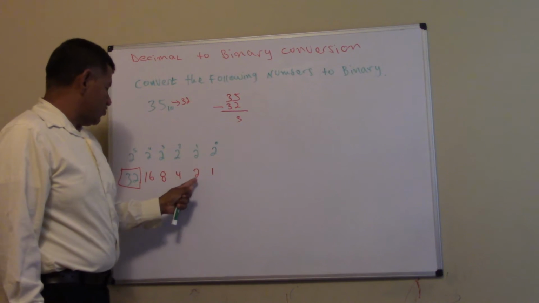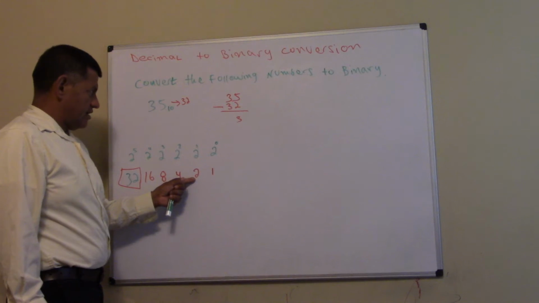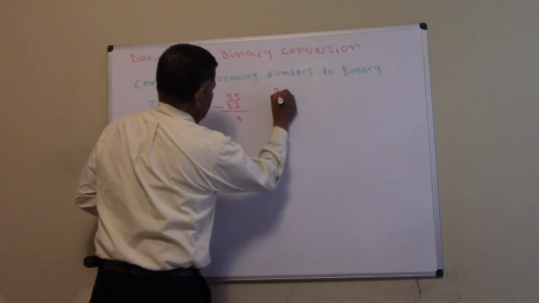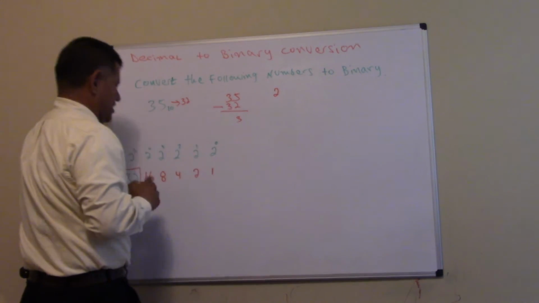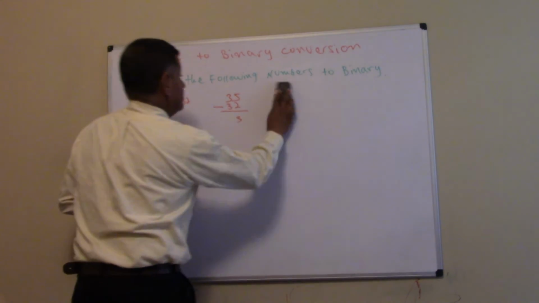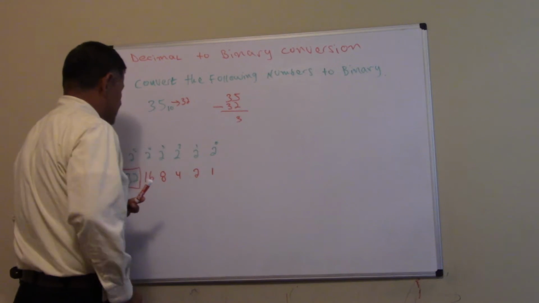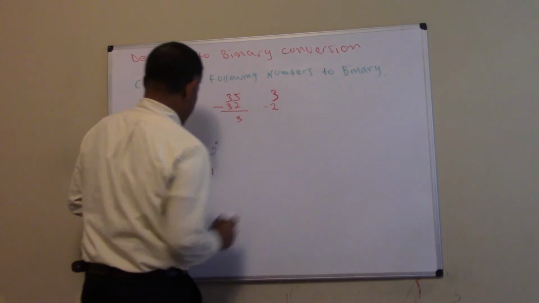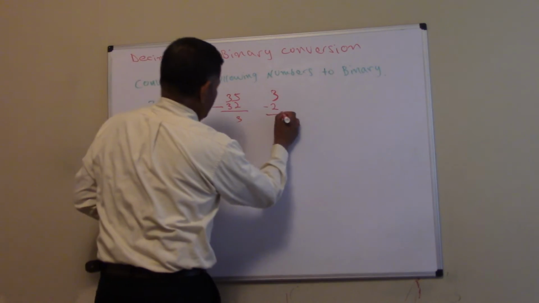So what is less than 3? Well, less than 3 is 2. So I take this 3 and I say minus 2, right? Well, 3 minus 2 is 1, right?